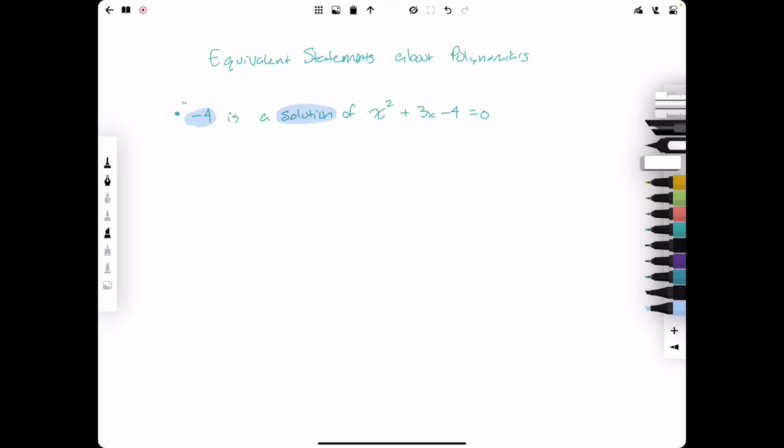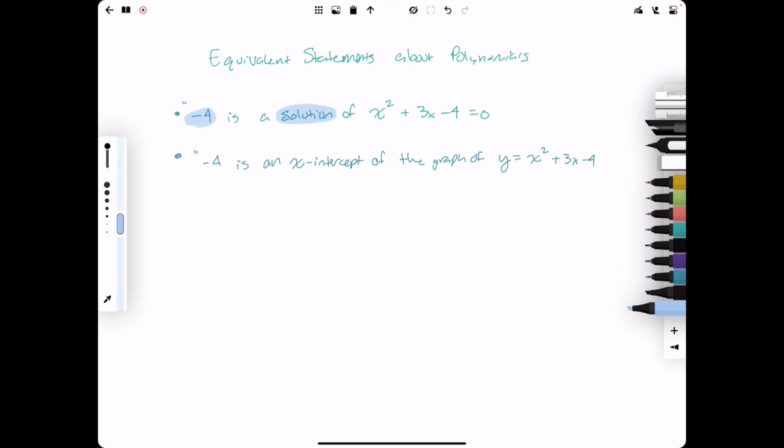It would be 0 then, right? Another statement that means the same thing: "Negative 4 is an x-intercept of the graph of y equals x squared plus 3x minus 4."